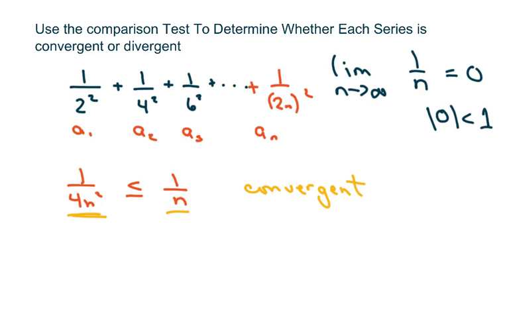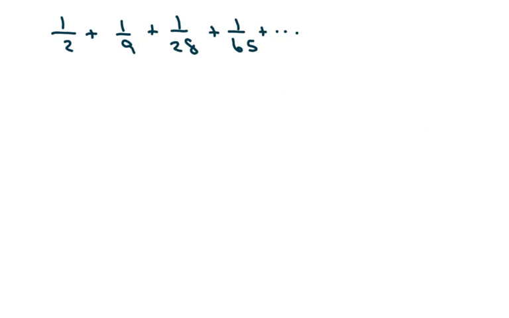And we're going to do 4 more problems so you can get a better idea of what we mean. So the next one we have is this one. And the general term for this one is going to be 1 over n cubed plus 1.